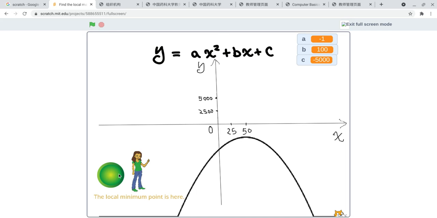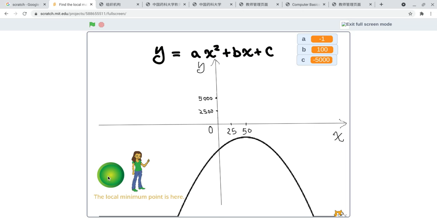So you need to find the extreme points of this quadratic function and let the girl move to that place by clicking the button here. You need to add some code to remix my project.